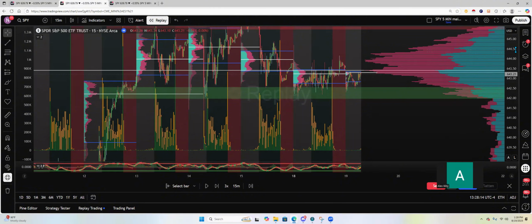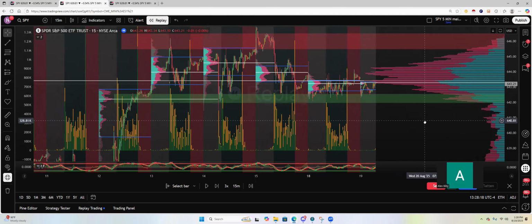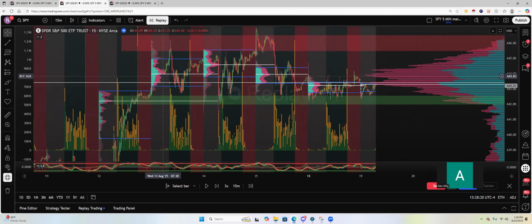Now, one thing I do want to mention really quickly: if you noticed something about the point of control, since it extends into the next day, we want to see price retest those zones.